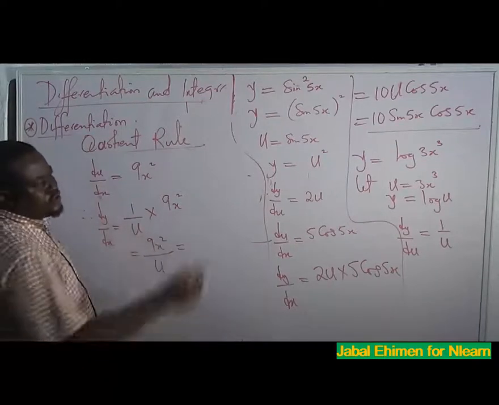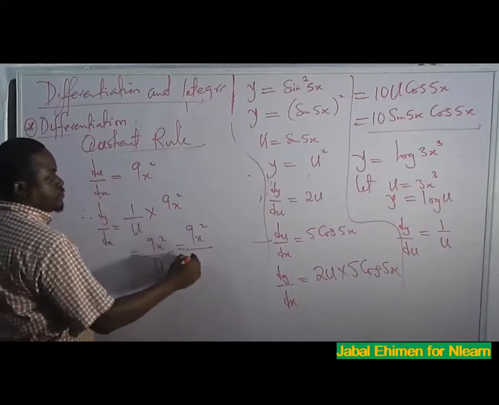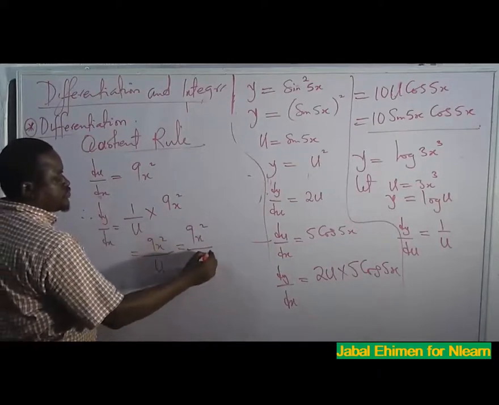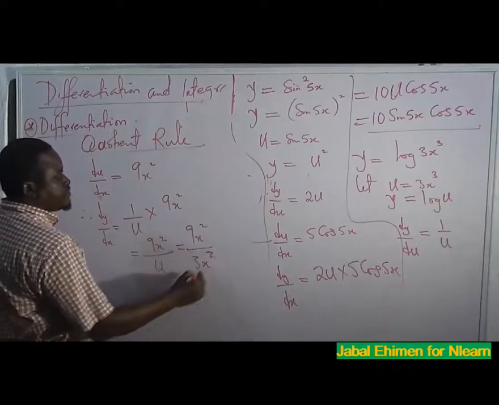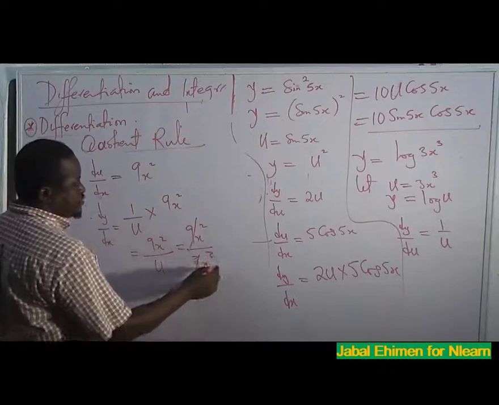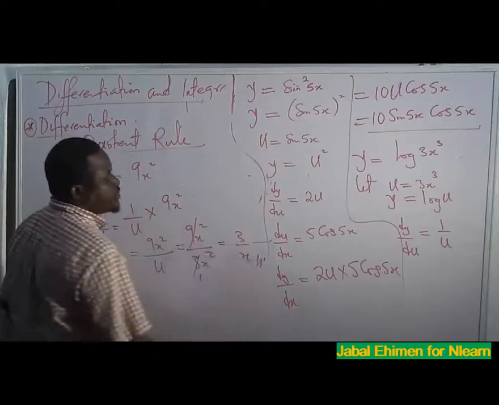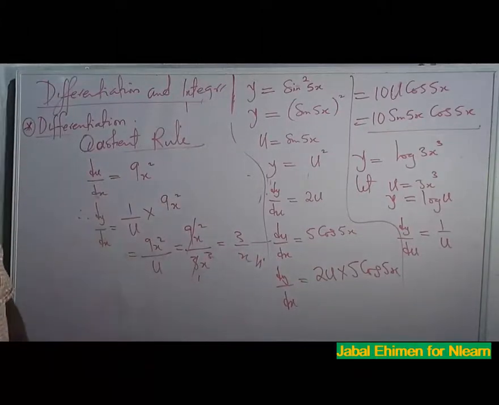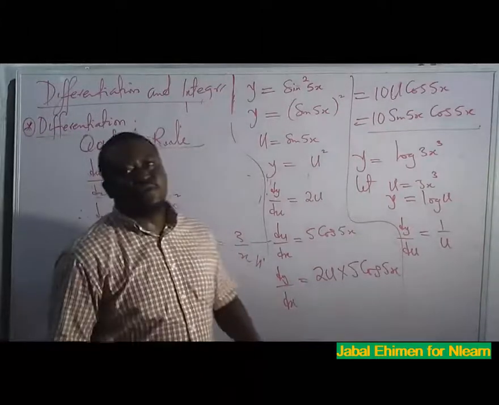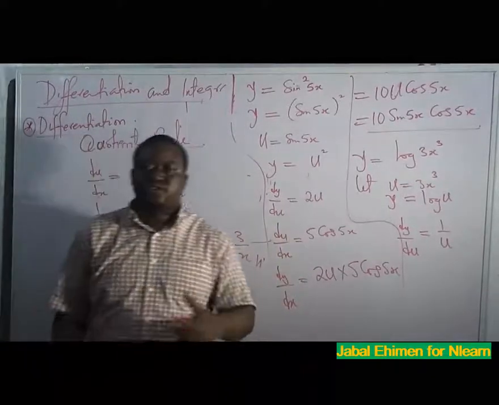And remind us, what is u? 3x cubed. So that's 9x squared over 3x cubed. So 3 here, 3 here, that is 3, x cubed, so that will give us 3 over x. So that's that. Now we've been able to analyze differentiation on both sides.